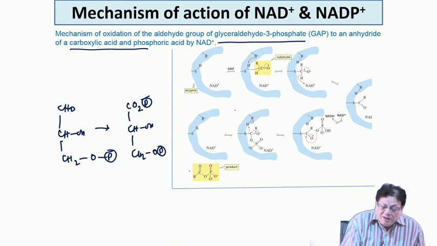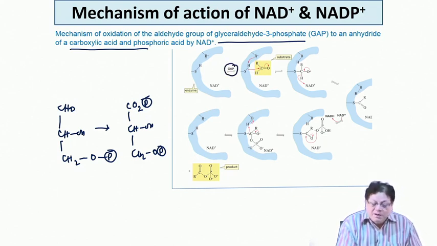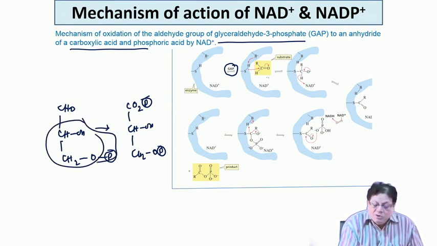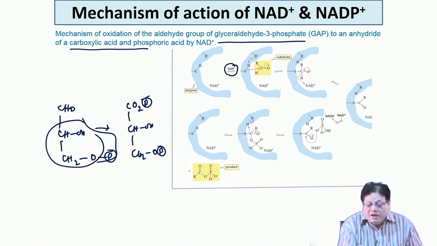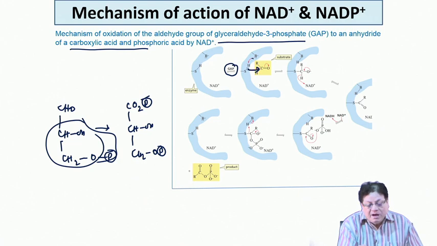Okay. So, what is the possible mechanism? GAP is this glyceraldehyde 3 phosphate. You can write the whole thing as R, so it will be RCHO. First there is a cysteine moiety, the base takes the hydrogen and the sulfur attacks the carbonyl, and this becomes O minus, the tetrahedral intermediate.